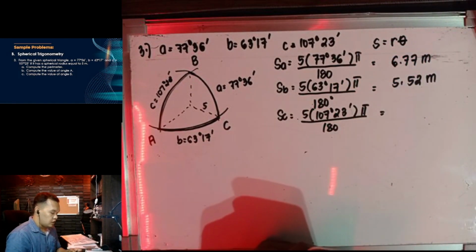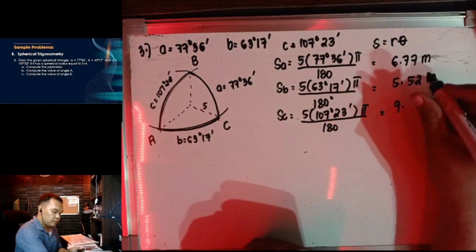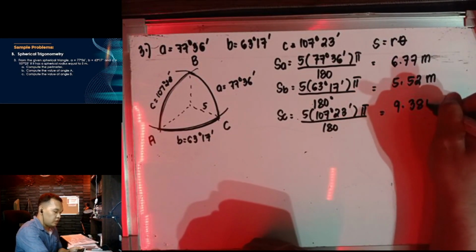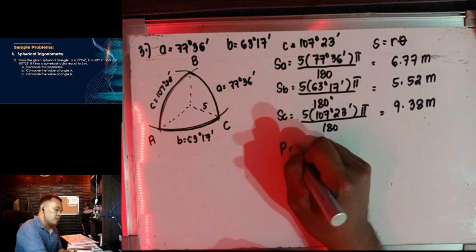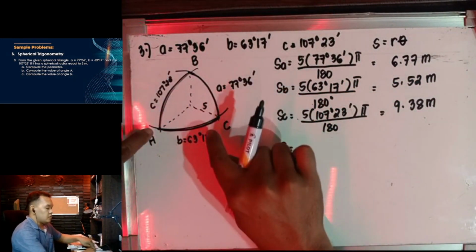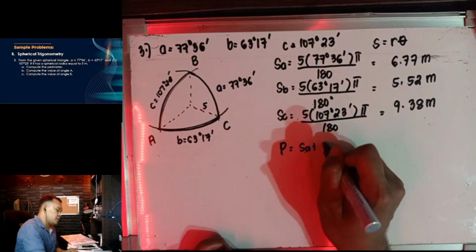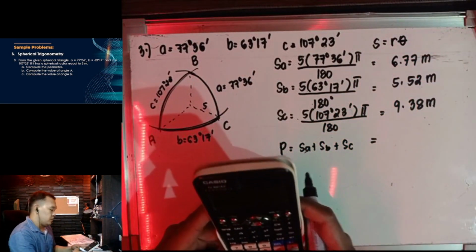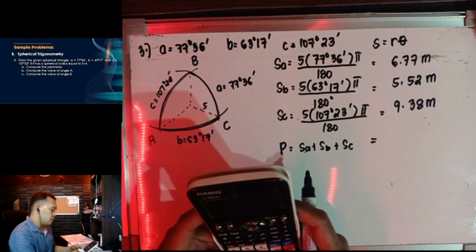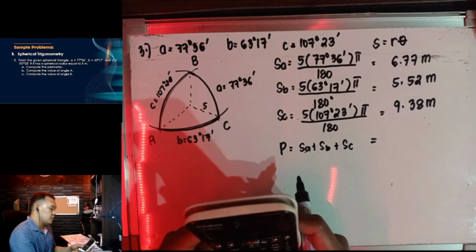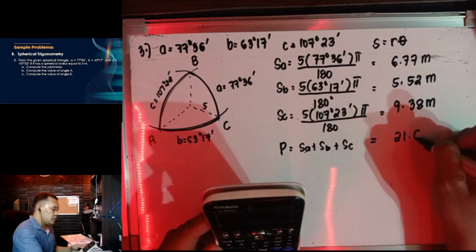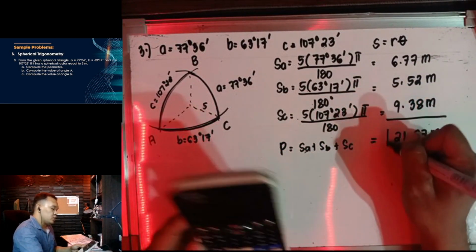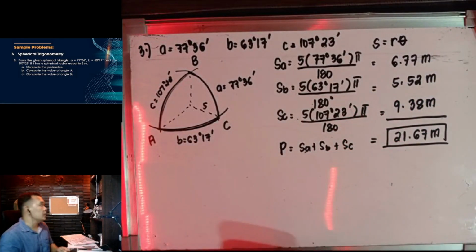Then for 5 pi, 107 degrees and 23 minutes, so we have here 9.38 meters. Then for the perimeter of the spherical triangle, this is our perimeter. So we have here SA plus SB plus SC. Therefore, let's add them. So we have here 6.77 plus 5.52 plus 9.38. Therefore, the answer will be 21.67 meters. So this is the perimeter being asked in our problem.